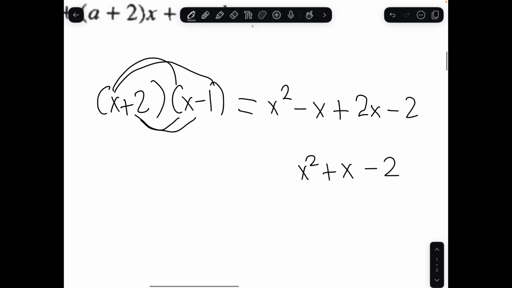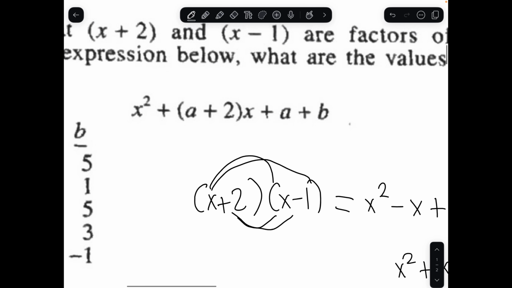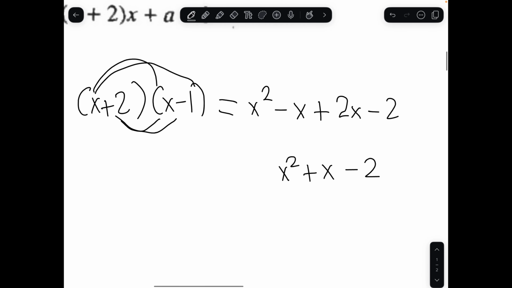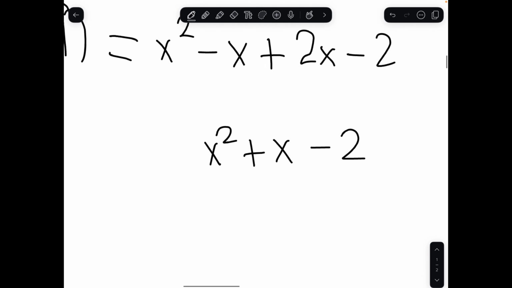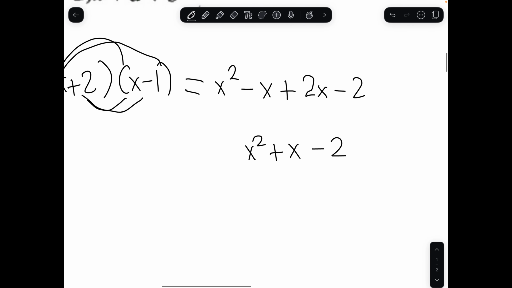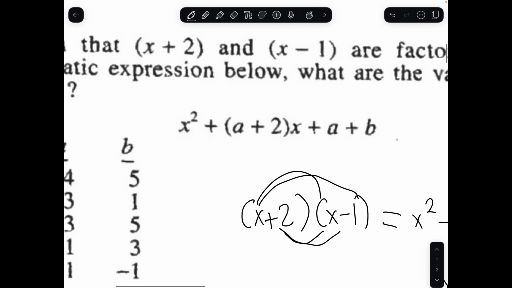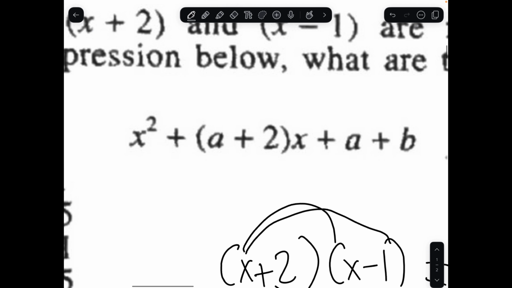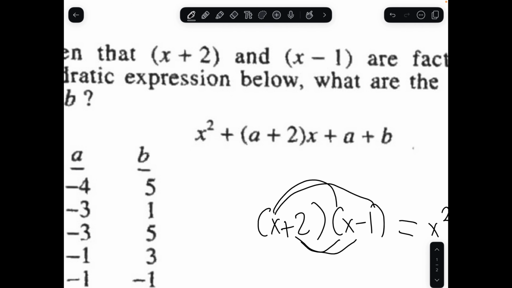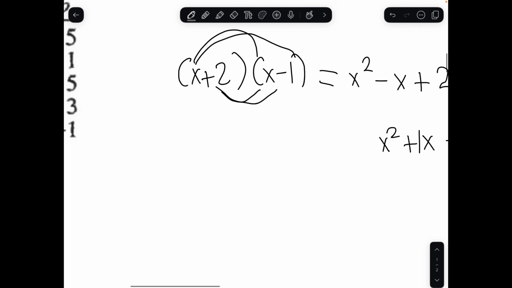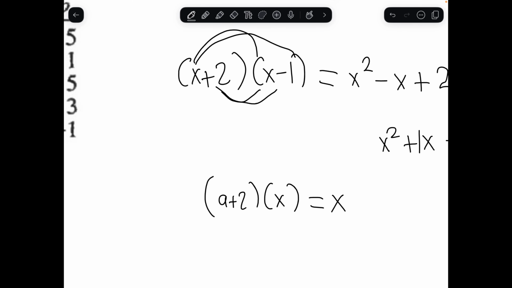So let's just look at a plus 2 times x first, right? Notice that the coefficient of the x term is 1, right? And in this case, the coefficient of the x term, that is a plus 2. We want a plus 2 times x to equal x, right?